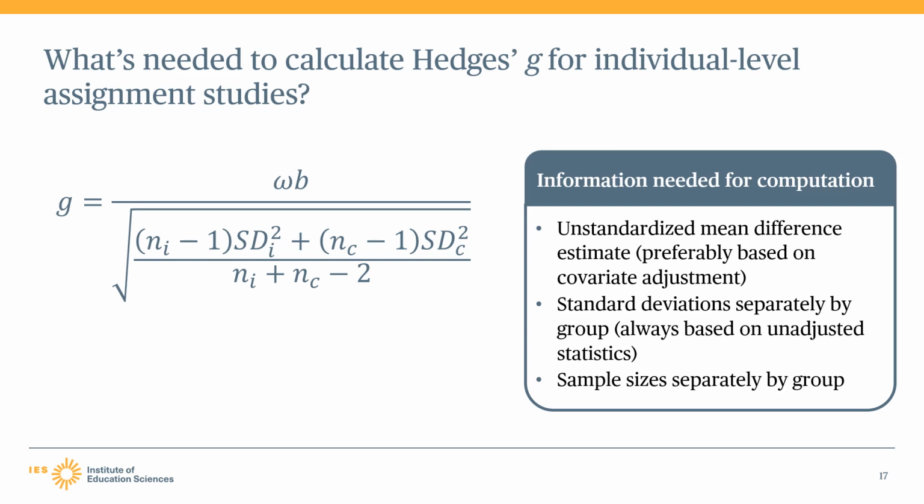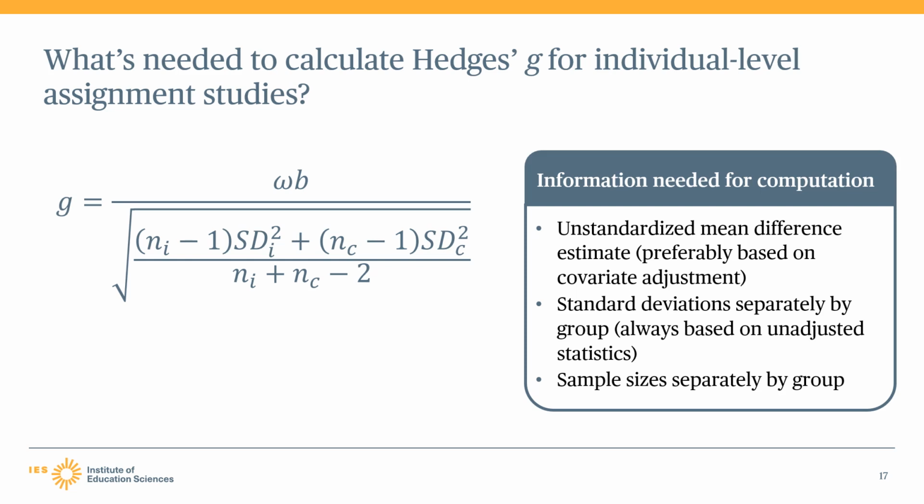Where Hedges G deviates slightly from the popular Cohen's d effect size is that Hedges G also includes an adjustment factor for small sample sizes, the omega next to the impact estimate. In order to calculate a Hedges G effect size, reviewers will need 3 different types of information.